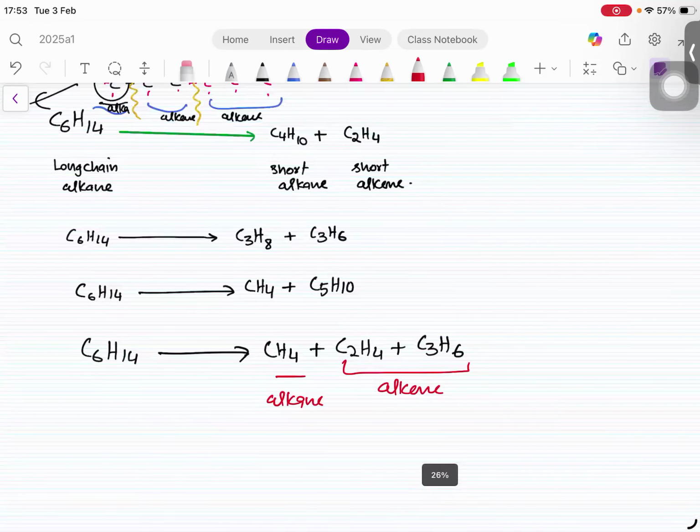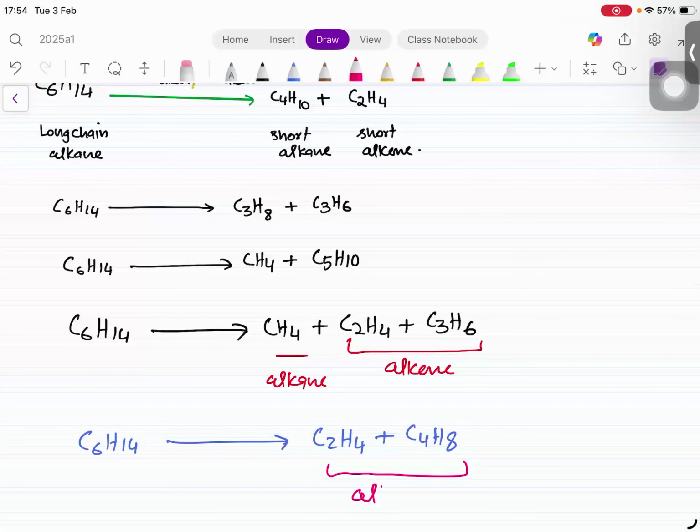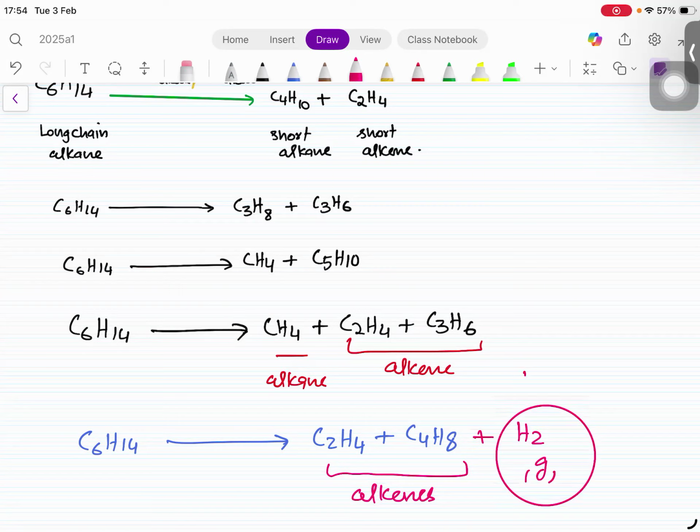At times, this also happens that if I'm cracking C6H14, now please pay attention, and I have got C2H4 and C4H8. Now, can you see both of these products are alkenes? There is no alkane. When there is no alkane, then definitely there is another product, which is hydrogen gas.